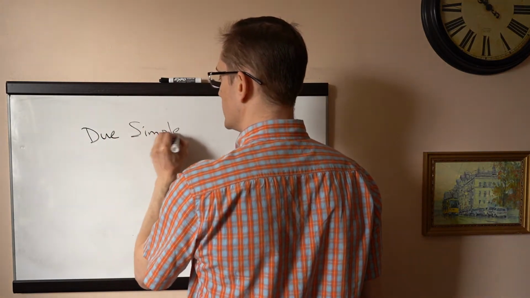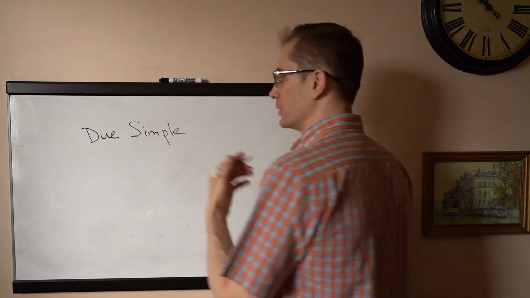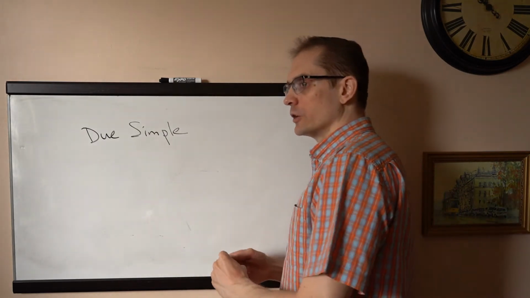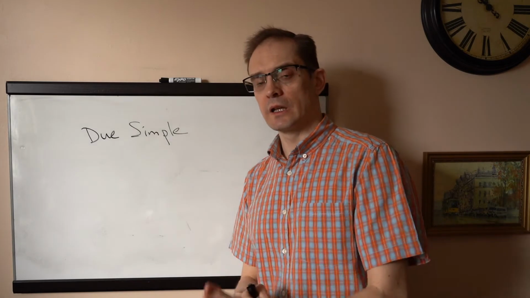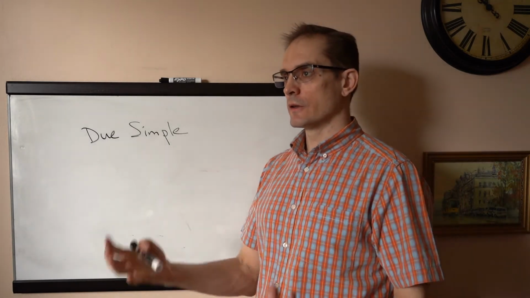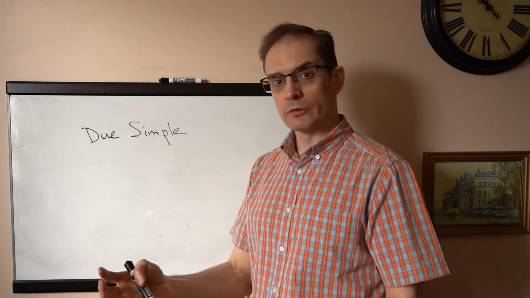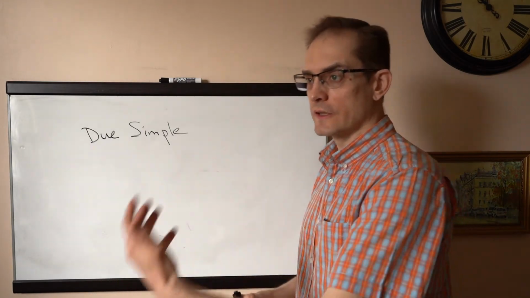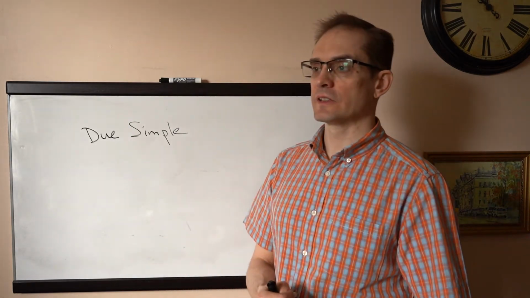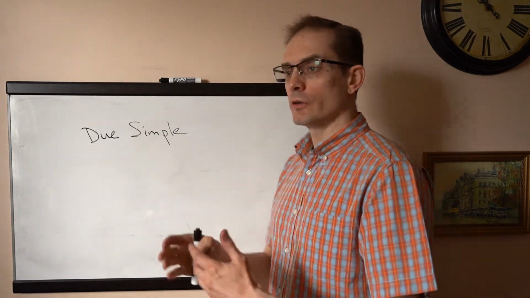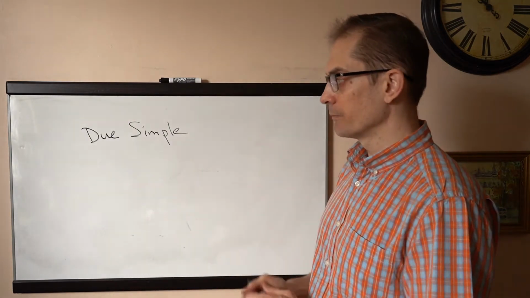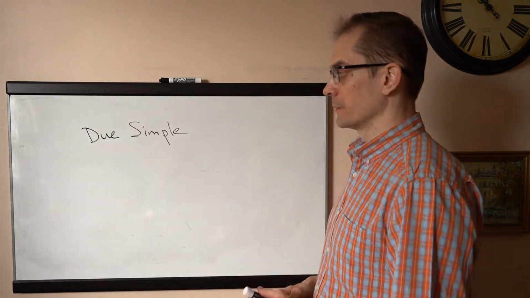So an annuity could be due and simple. In that annuity, you would have payments at the beginning of the interval and also the rate compounding frequency would be the same as your payment frequency. It could be that the payment is at the beginning of every year, and the rate also is compounded annually. So that would be a due simple annuity.